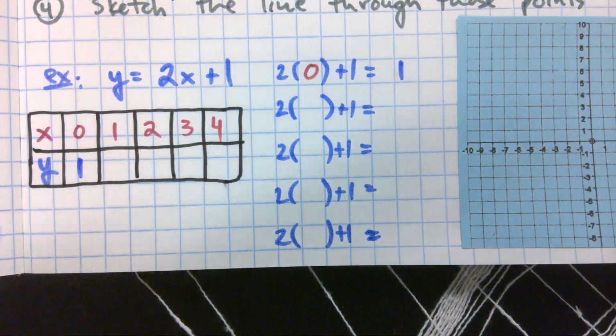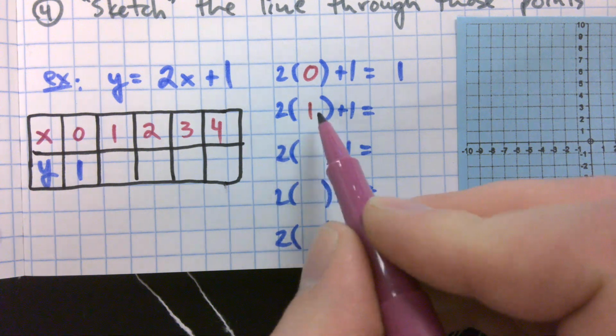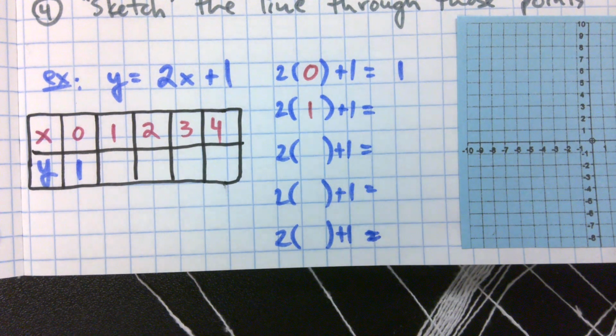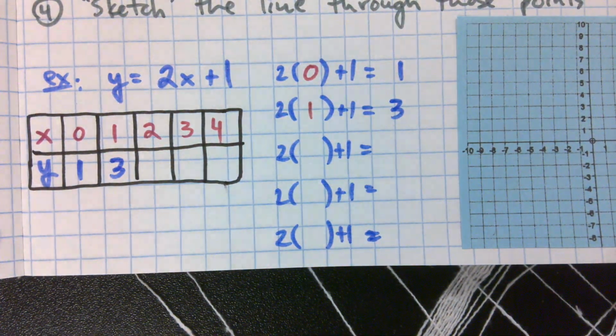So my first y value is 1. What x value am I going to plug in next? 1. 2 times 1 gives us 2, plus 1 gives us 3. That's my second y value.